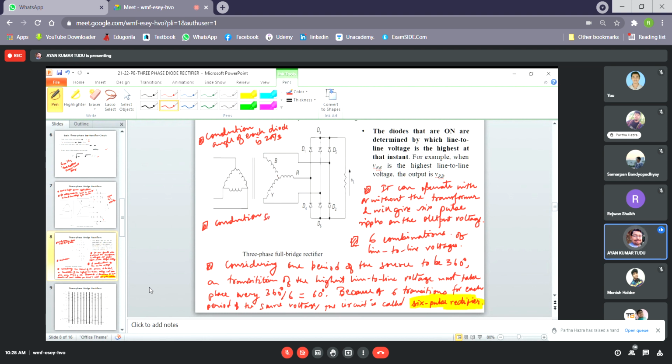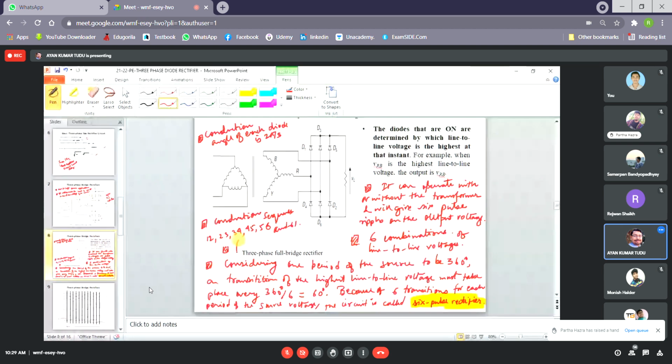The conduction sequence for the diodes is 1 2, 2 3, 3 4, 4 5, 5 6 and 6 1. Now, as you can understand, the output frequency of the output voltage is 6 omega.